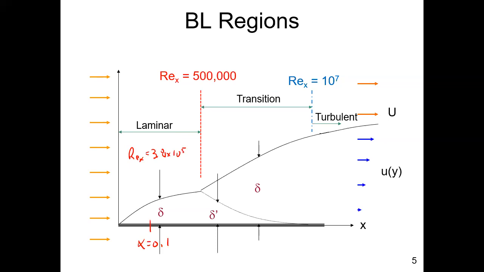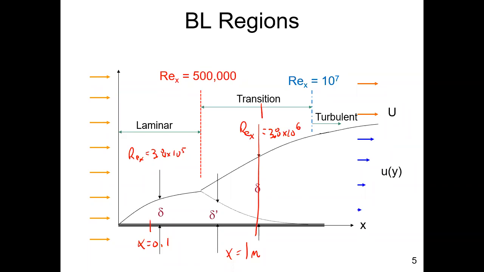For the second one, we got 3.8 times 10 to the 6 at 1 meter. So the question is, is it greater than 500,000 and less than 10 to the 7th? It's in between the two, so that's a transitional boundary layer at x equal to 1 meter.